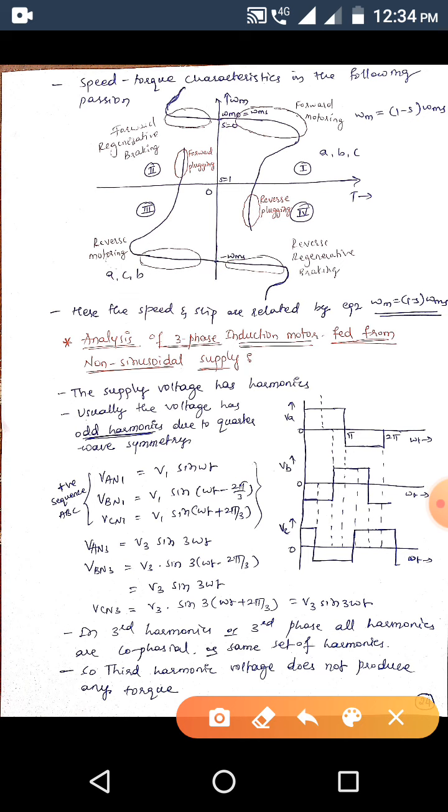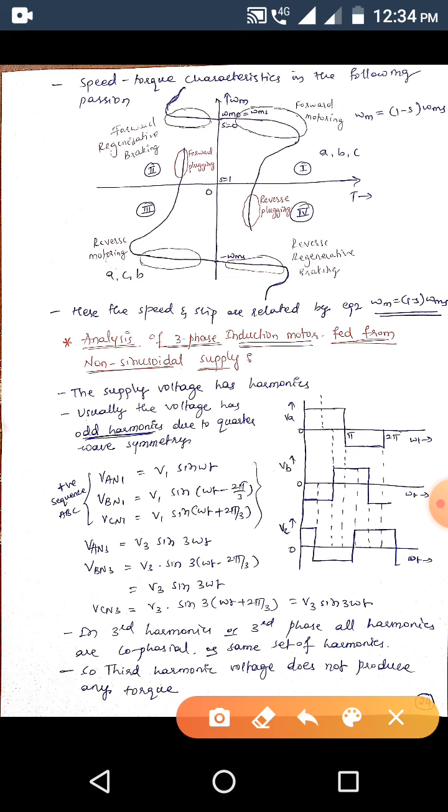So the extended part of this, whatever I have marked here, is reverse plugging. Similarly, here in the second quadrant, forward plugging. So first quadrant, second quadrant, third quadrant and fourth quadrant. It means it is operating in all four quadrants depending upon the phase supply.